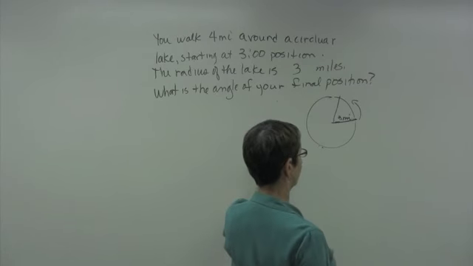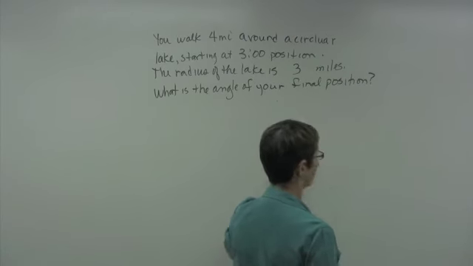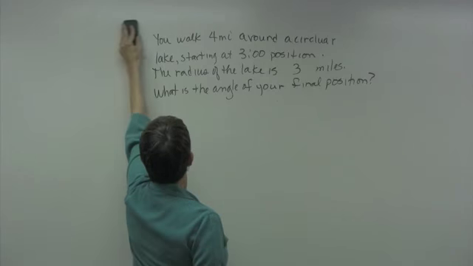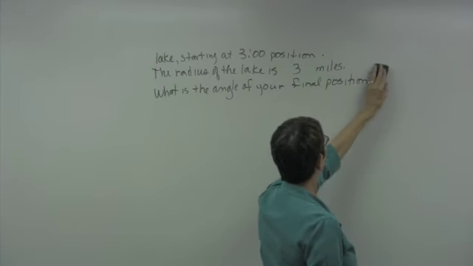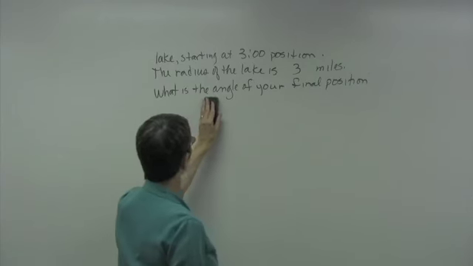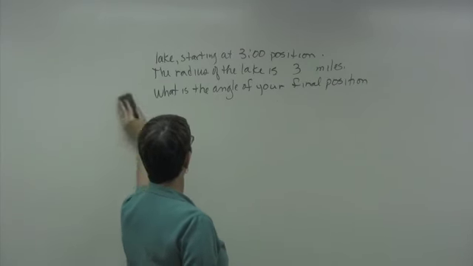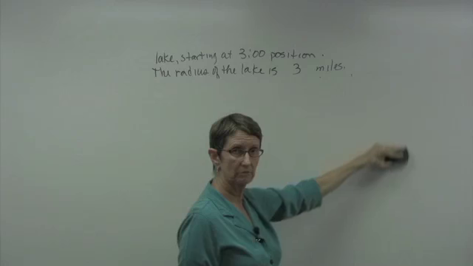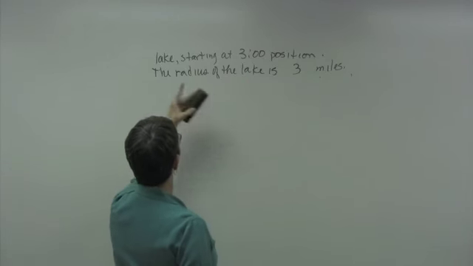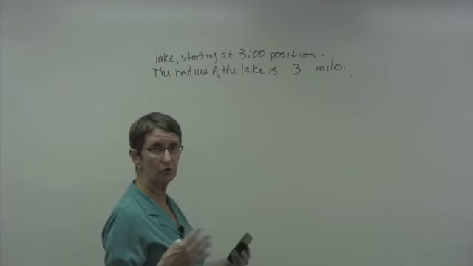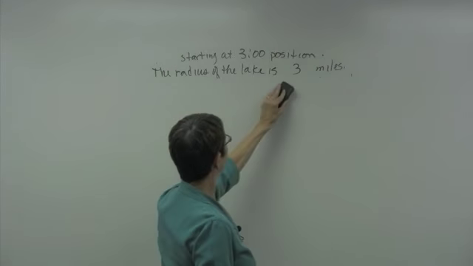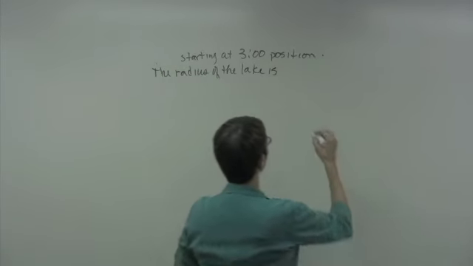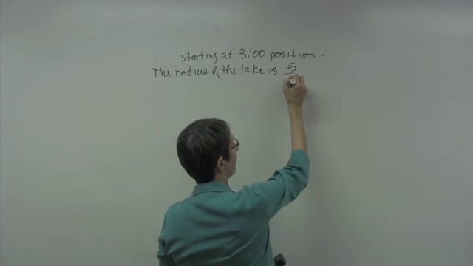Okay, let's complicate this even further. Suppose, that's my question. I don't want to know the angle of the final position. I want to know how far you walked. So let's say, starting at the 3 o'clock position, we're walking around a lake. The radius of the lake is 5/4 miles.